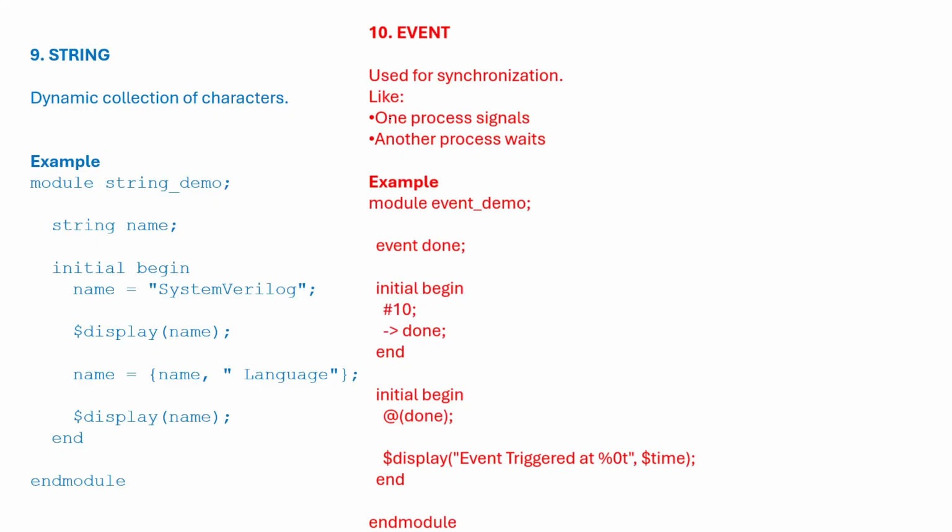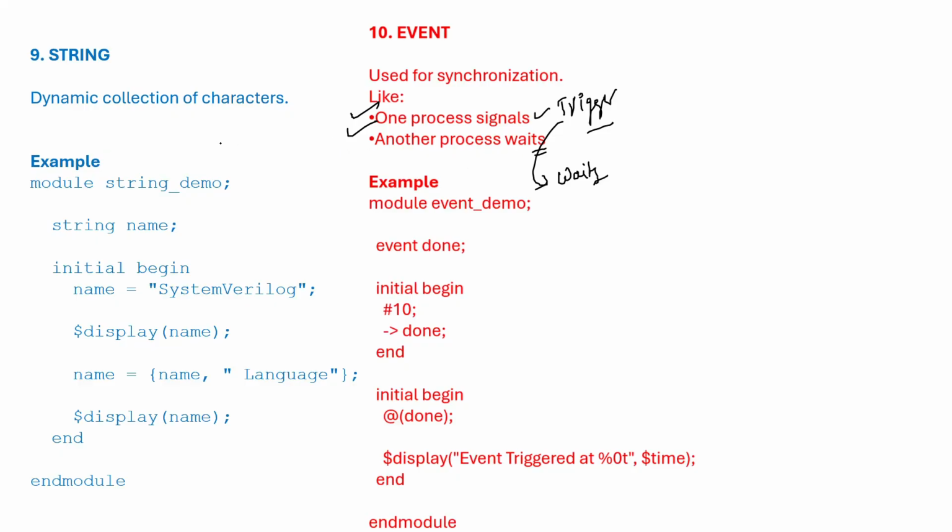See here, one process signals and another process will be waiting. That means one process is triggering the event, and whenever it triggers, the other process waiting for that executes. Where do we use these events?